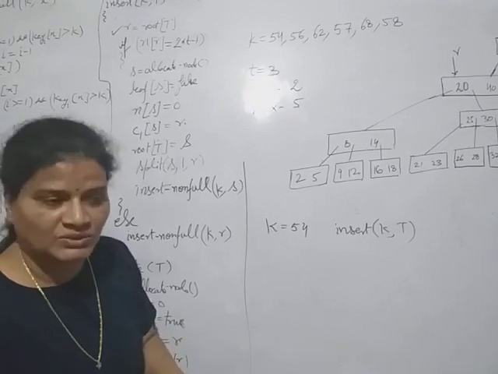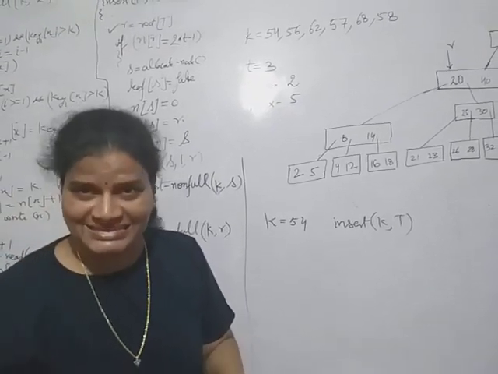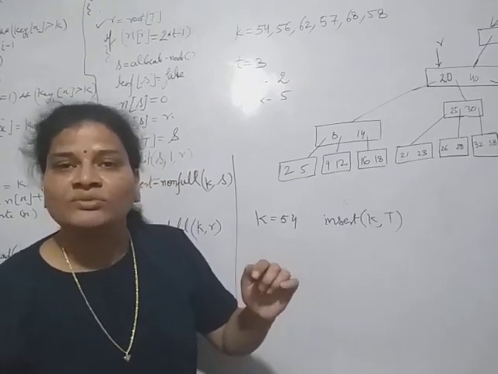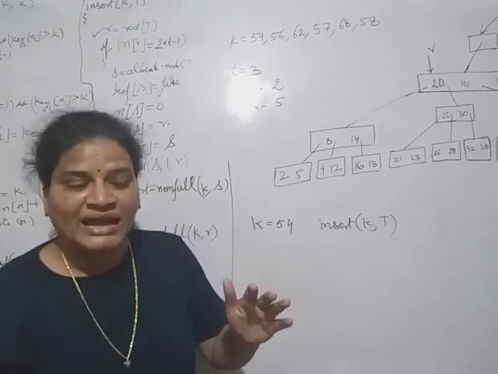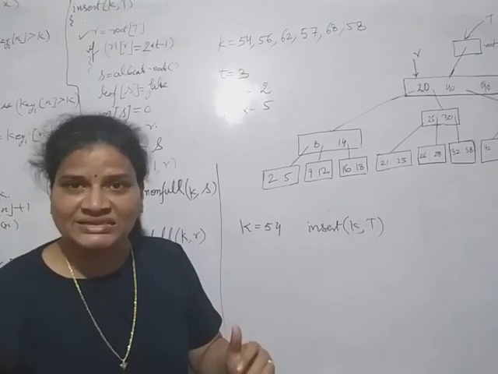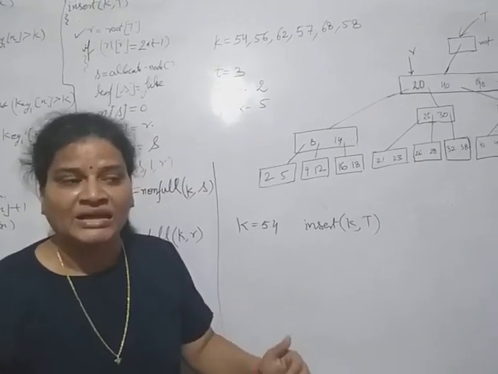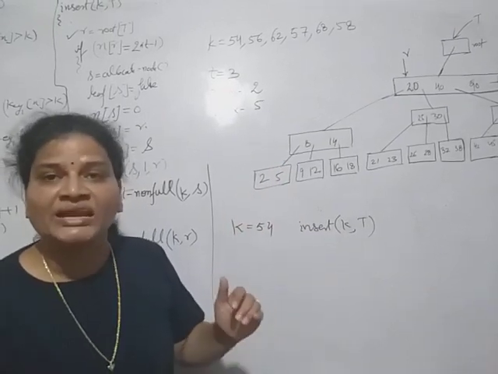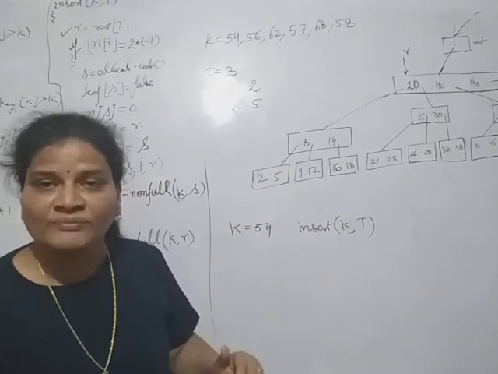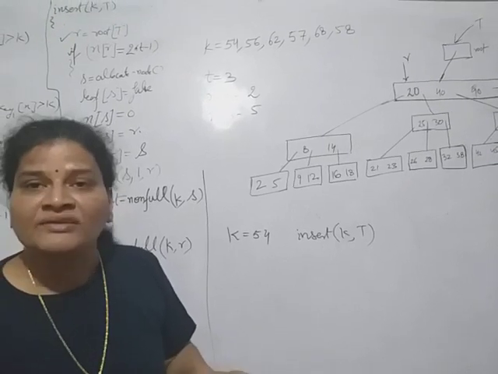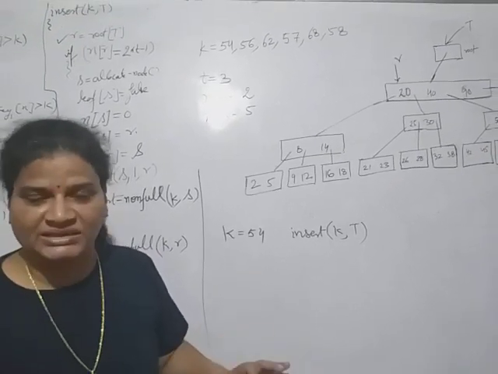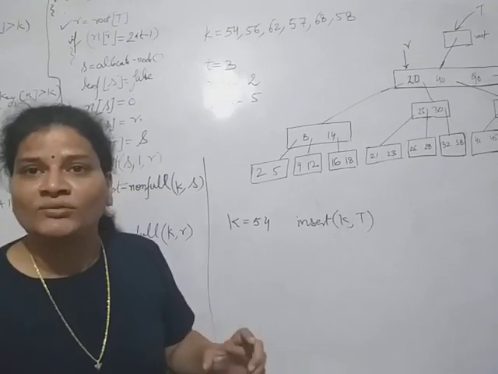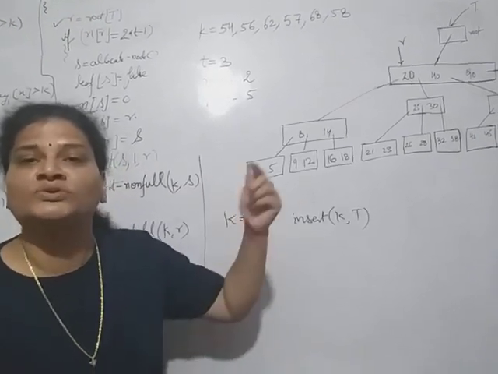As I told earlier, for every insertion I will start from the root node and move to the leaf. Actually the key will be inserted at a leaf, and in the path from root to leaf, if any node is full, then before moving down, first I have to split the node. The reason is that when we split the node, the median key of the full node is moved up.